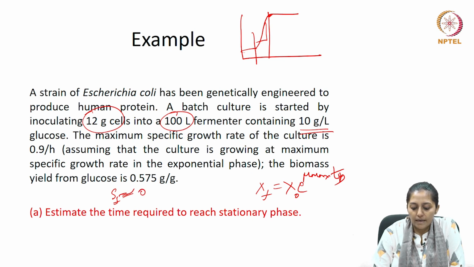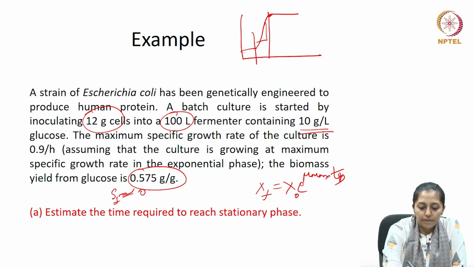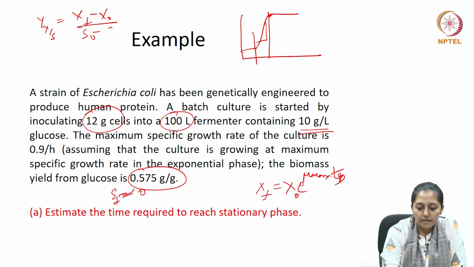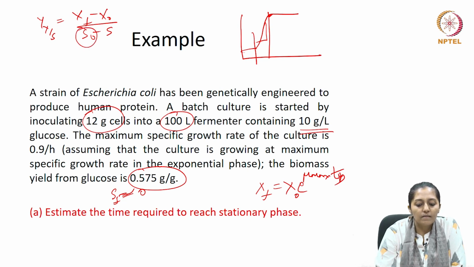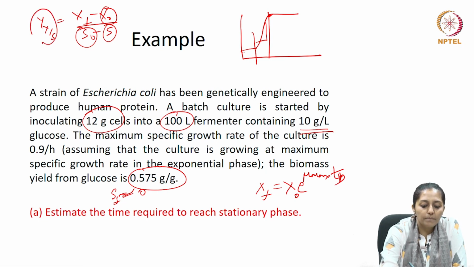Now, Yx/s is given to us. How does it relate x and s? Yx/s equals xf minus x naught divided by s naught minus s. S naught is given to us, s is nearly 0, x naught is given to us, xf we need to calculate, and Yx/s is also given.